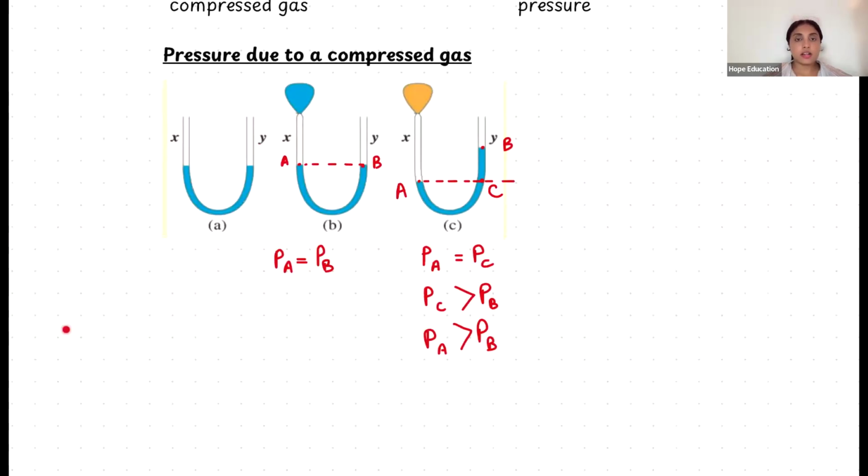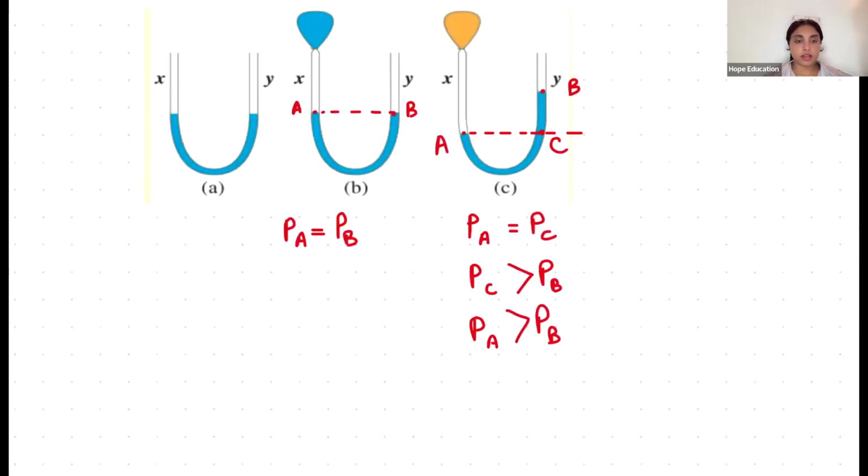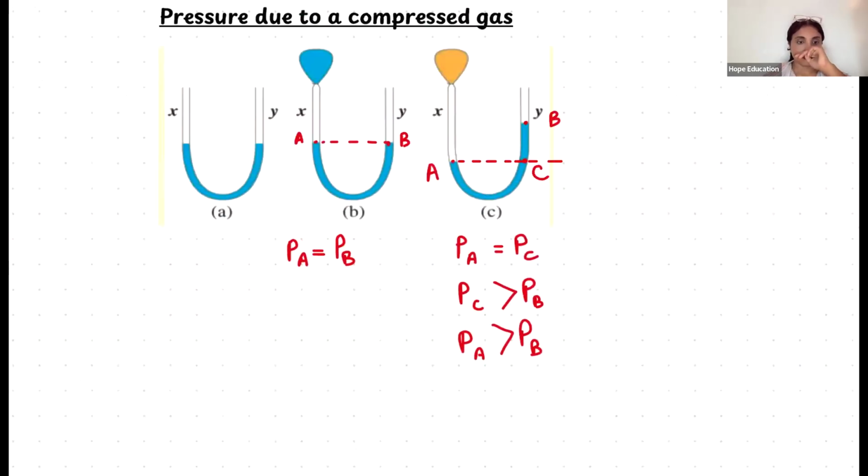All right, can you all draw this? Draw this fast. And I'll write a few points.